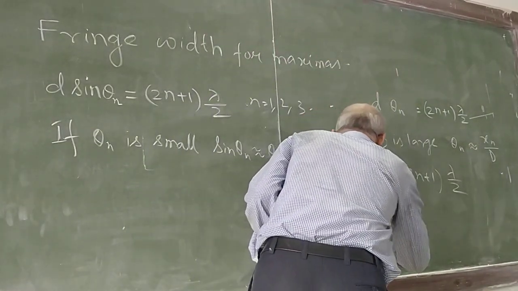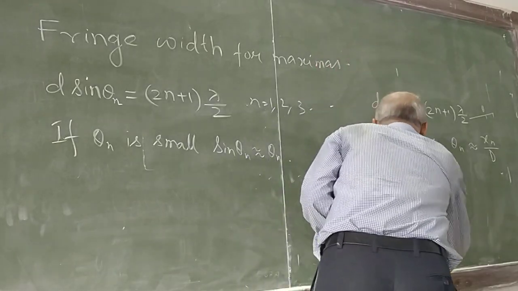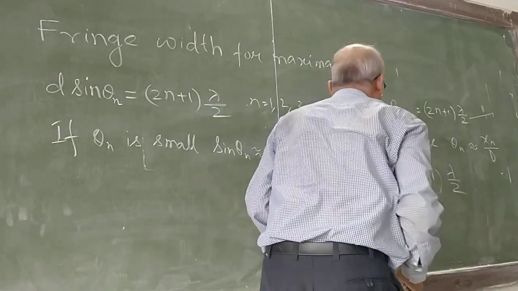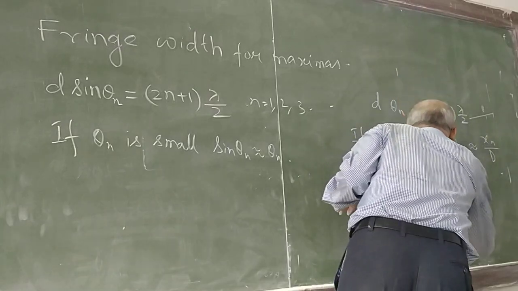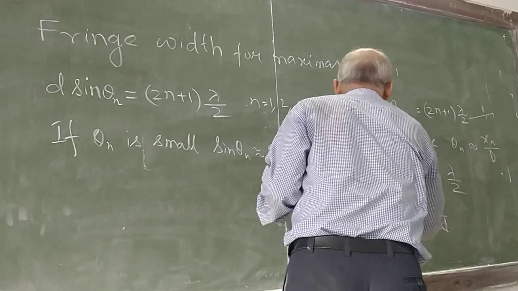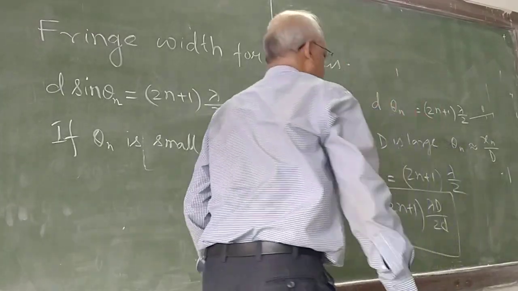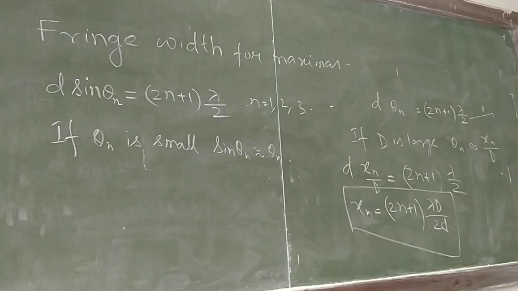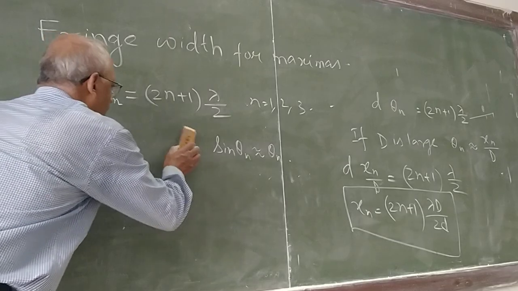Then xn will be 2n plus 1 into lambda d by 2d. Final formula. So at what distance will you get first order maxima, second order maxima, third order maxima? This formula tells. N is equal to 1, first maxima; n is equal to 2, second order maxima, like this. Which distance you will get based on this equation, right?